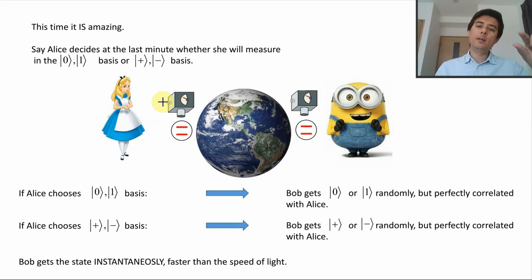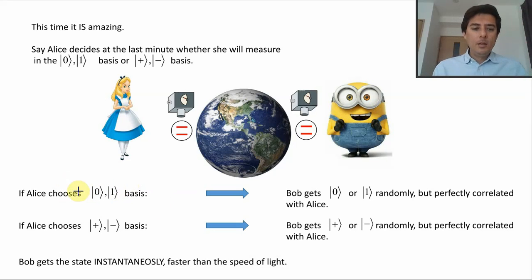Imagine Alice is there with her machine, and at the last second decides, okay, I'm going to do a plus-minus measurement. Or, just randomly, she says, okay, I'm going to switch over to a 0, 1 measurement. So what would happen in that case? Alice is randomly choosing which measurement to do.